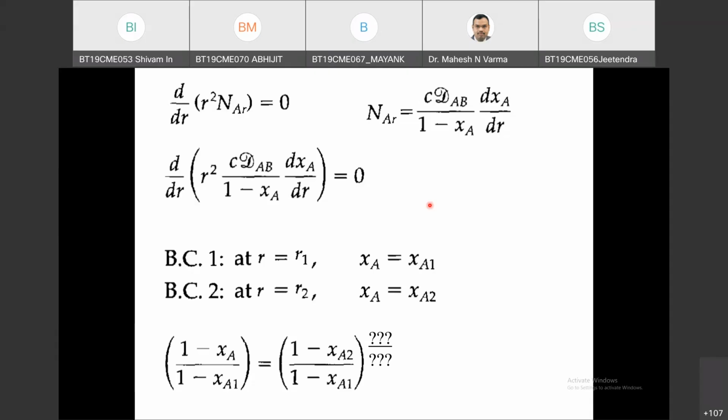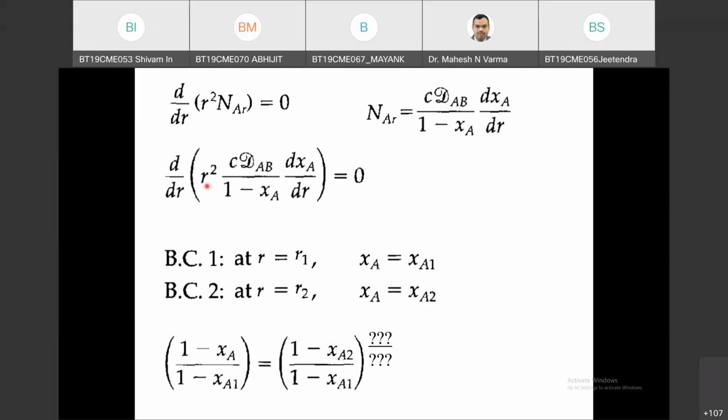What will be the first integration of this equation? R cube by 3 C DAB upon 1 minus XA dXA upon dr. How come?